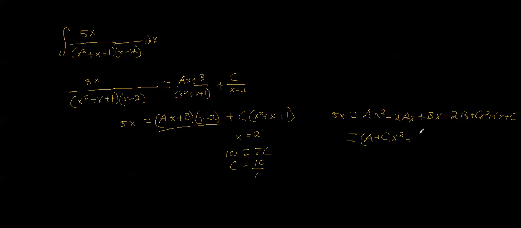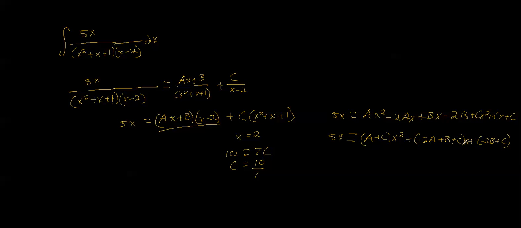plus negative 2a plus b plus c times x plus negative 2b plus c. Now, on this side of the equation, there is 5x.